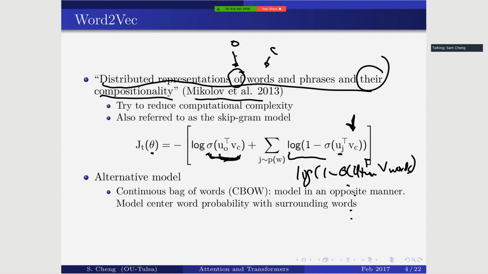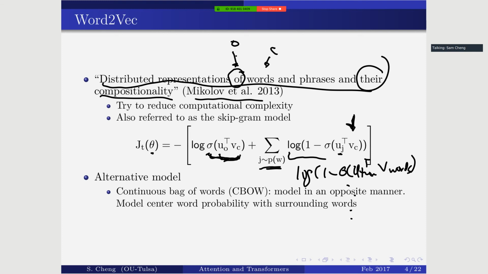Of course you see that I want 1 minus sigma here because I want this probability to be small in this case. If I sample any other word, most of the time it should not be one appearing in the surrounding, so I want this probability to be small. In practice, we may sample about 10 times.